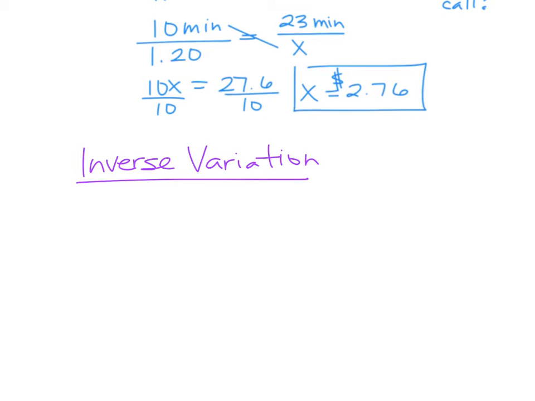Okay, for inverse variation, maybe you can think through how this is going to go just based on what direct variation was. This is opposite. This is when two quantities change in opposite directions.